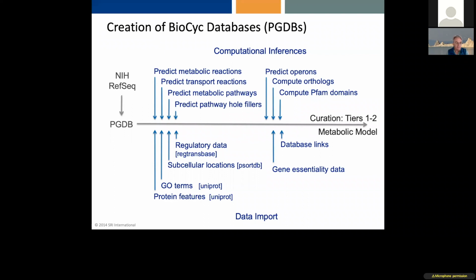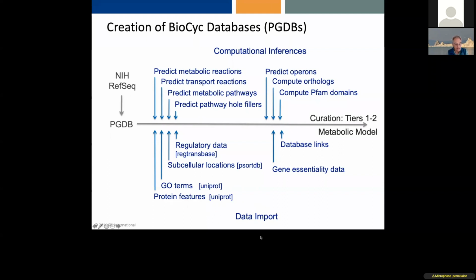Now, just briefly, how do we create BioPSYC databases, and what is the range of data present in BioPSYC databases? Well, we start out with entries from GenBank, more specifically the RefSeq subset of GenBank. And we use the annotation present in GenBank, and then we add additional information to that database.